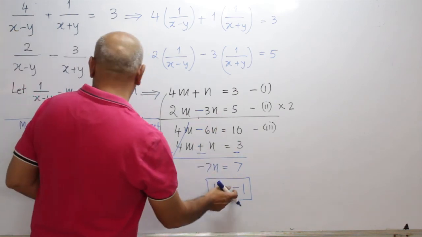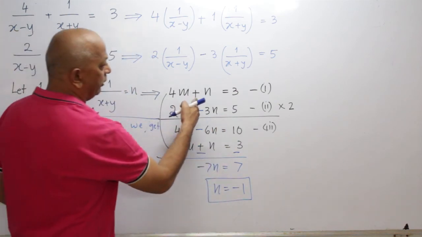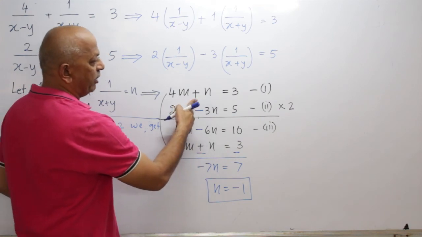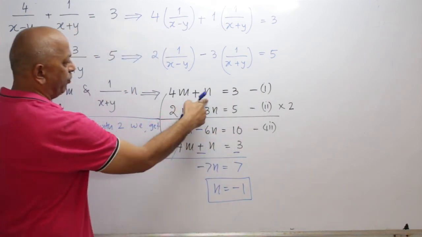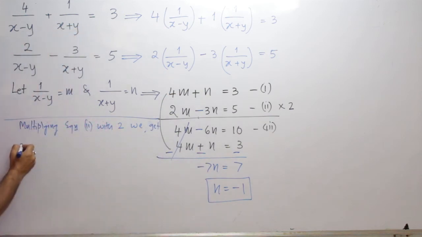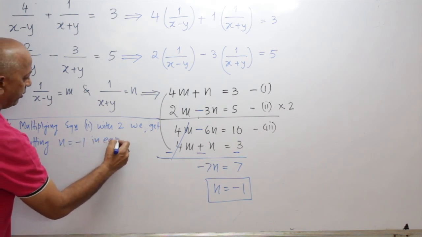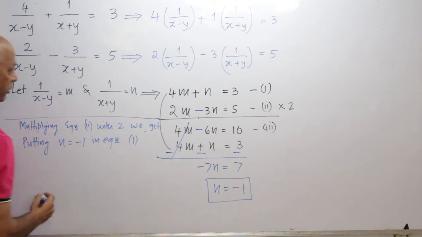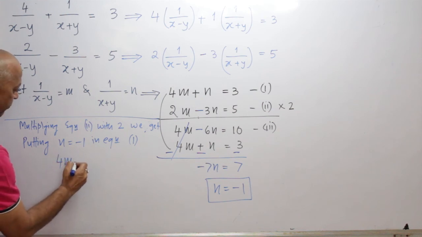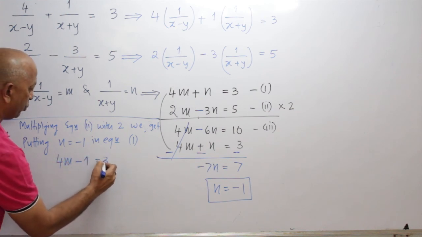If I put n is equal to minus 1 in equation number 1, we get 4m minus 1 is equal to 3.